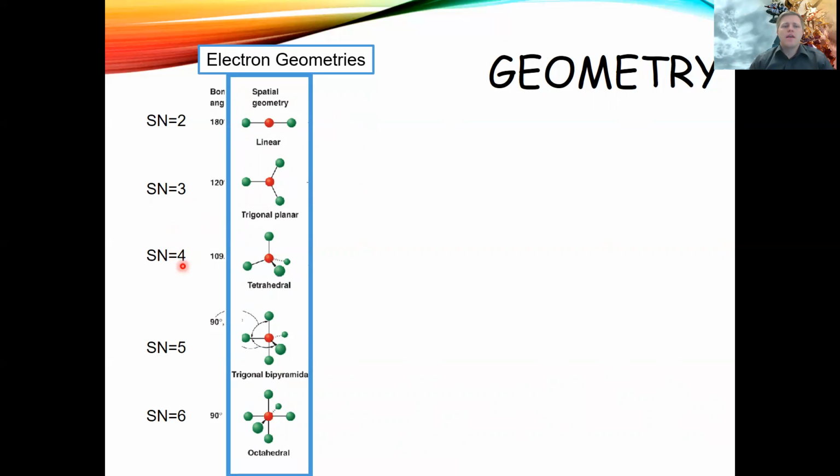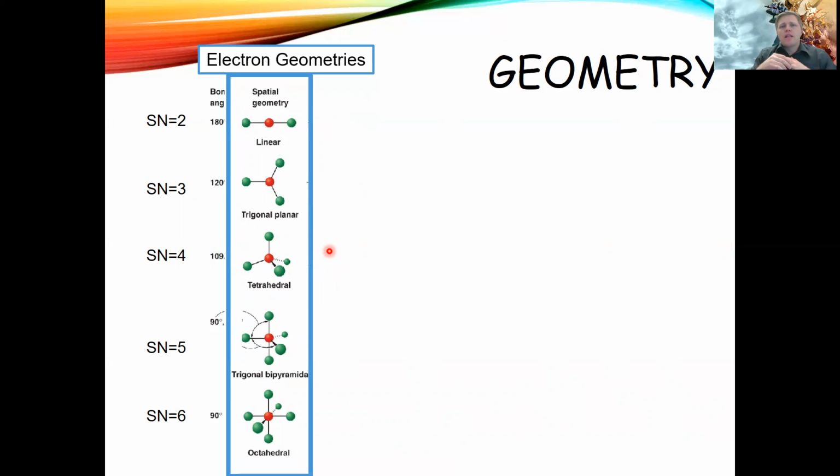But when we go to our steric number of 4, we add another group on top. You'll notice now we are pushing those other 3 downward. So we're getting a different shape here. This is called a tetrahedral shape. Tetra means 4, and it's called that not actually because there's 4 points on it, but because if you wrapped this whole thing in foil, you'd get a shape with 4 different sides on it.